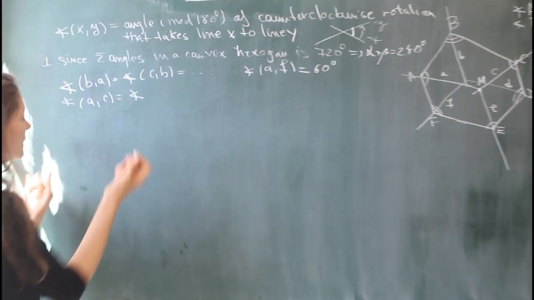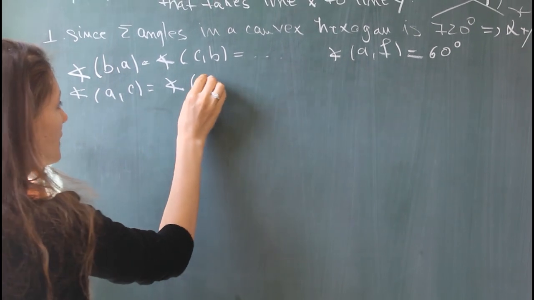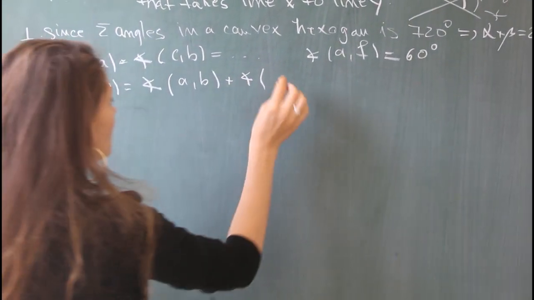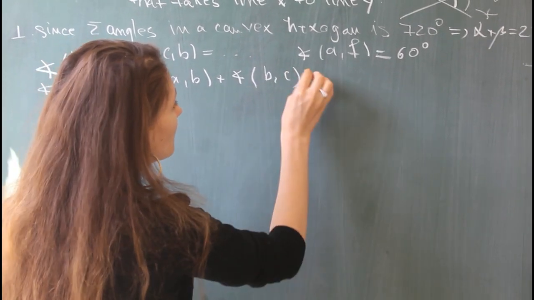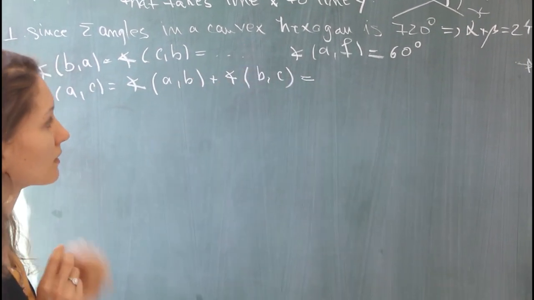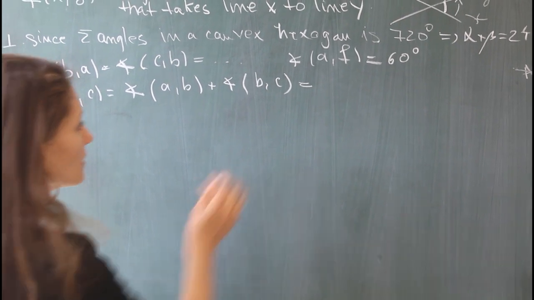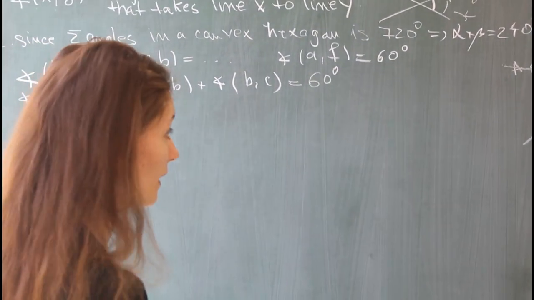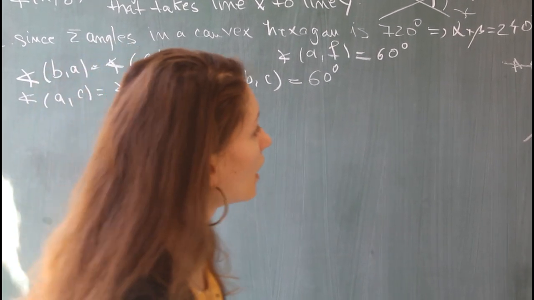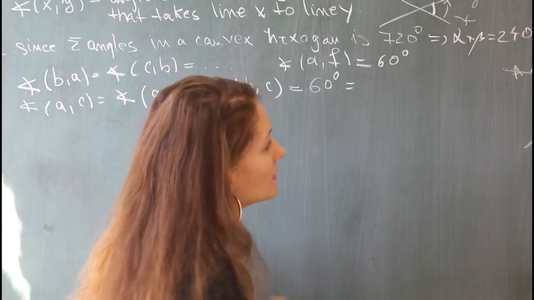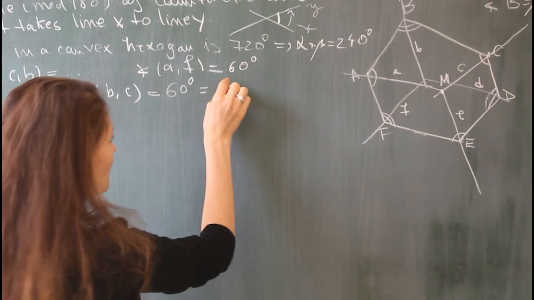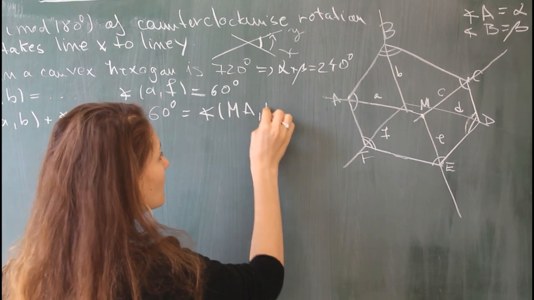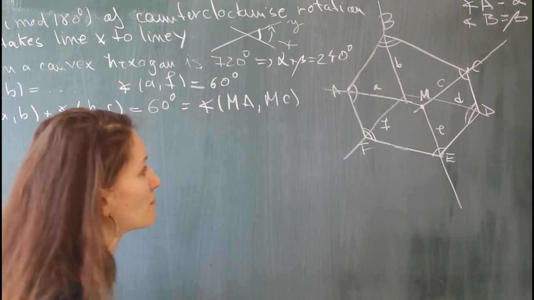That angle will be the sum of the directed angle between a and b plus the directed angle between b and c, which with this assumption is going to give us 60 degrees. Remember, these are directed angles. If we rewrite this in terms of the points of the figure, this is the angle between MA and MC.